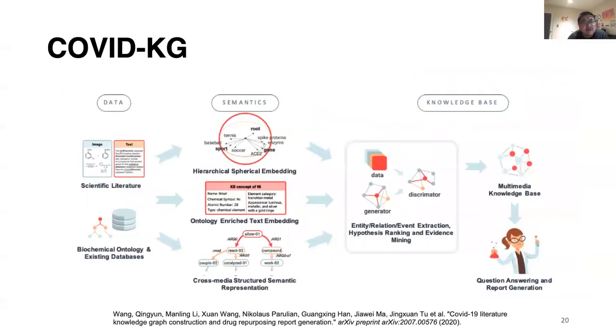And in addition to this, there are also other researchers who have conducted similar efforts. This is actually a work called COVID-KG. KG stands for Knowledge Graph.